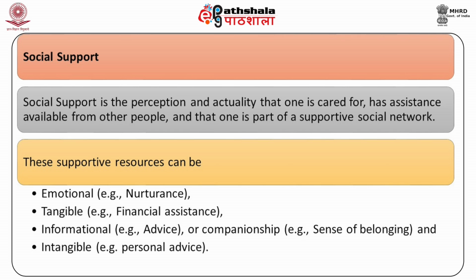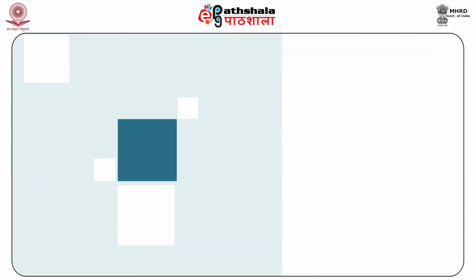These supportive resources can be emotional, for example, nurturance. They can be tangible, for example, financial assistance. They can be informational, for example, advice, or could be companionship, for example, the sense of belongingness. They could also be intangible, for example, personal advice.